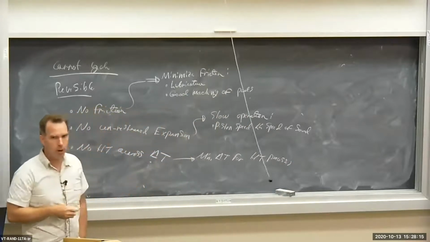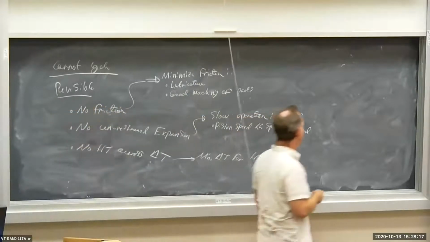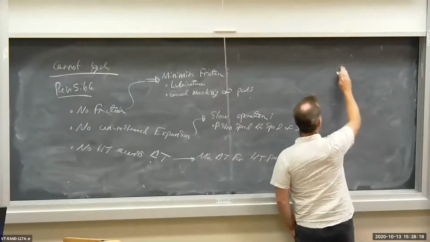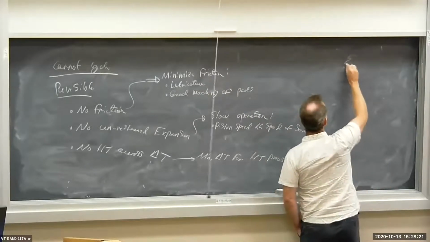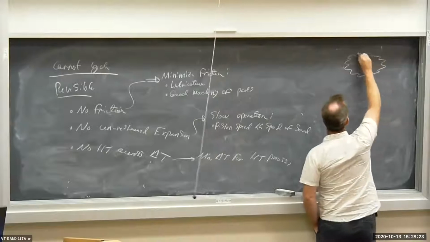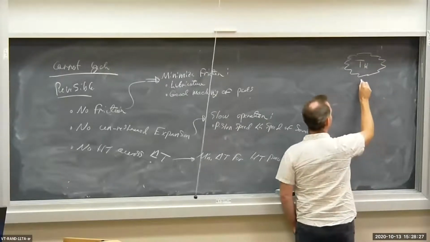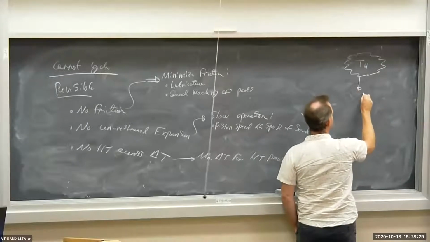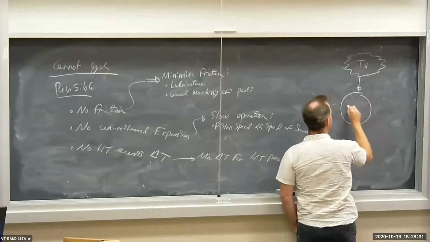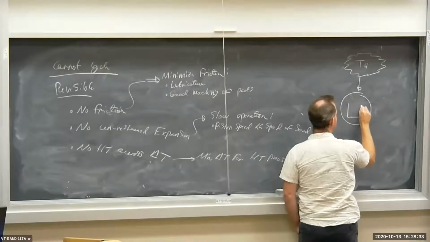Now, this is a problem. I'll tell you why it's a problem. Let's say, for example, we are transferring heat in our Carnot cycle. So we have our high temperature reservoir and we have our Carnot heat engine. And our Carnot heat engine is composed of a piston cylinder device. So here's my piston cylinder device, okay?